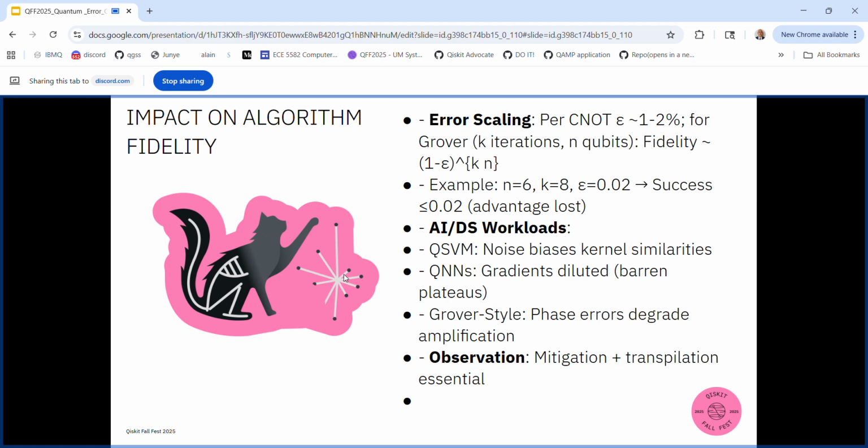So this has a huge impact on AI and data science workloads, where oftentimes we're trying to use very, very large circuits. It's nothing to have a circuit that's 50 qubits wide and 100 qubits deep, but that's going to decay into basically nothing unless you have some level of mitigation and transpilation in place.